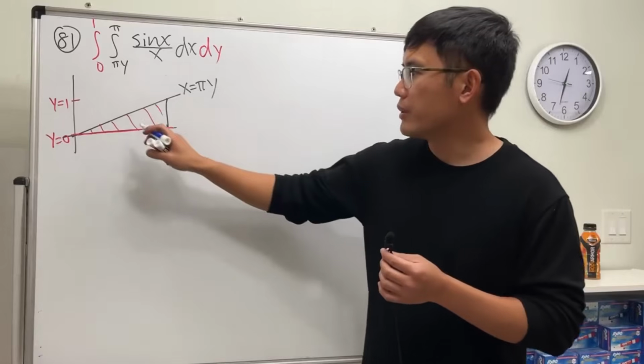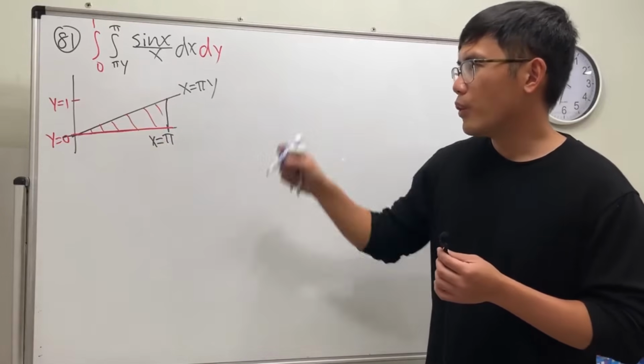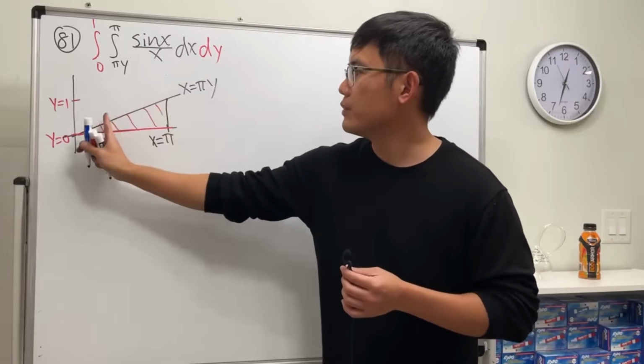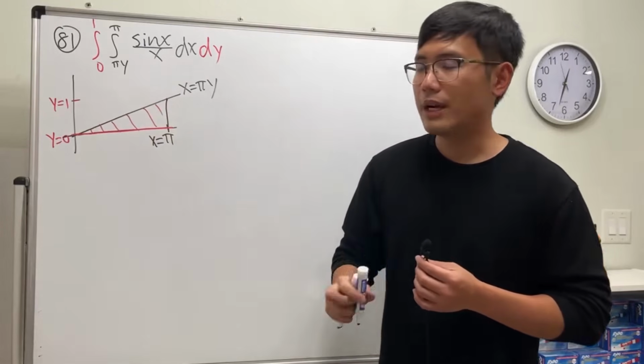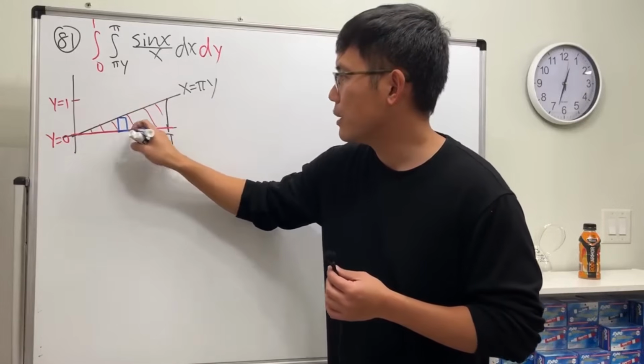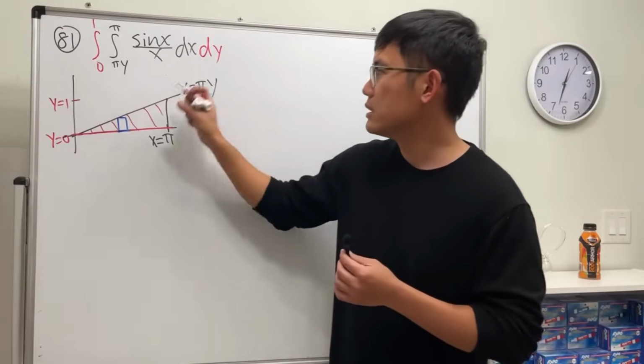Originally, we go horizontally, right? We have this to that. So now we have to look at this vertically. So we draw a vertical rectangle because we want to go with dy first.